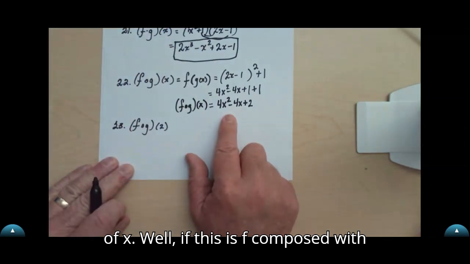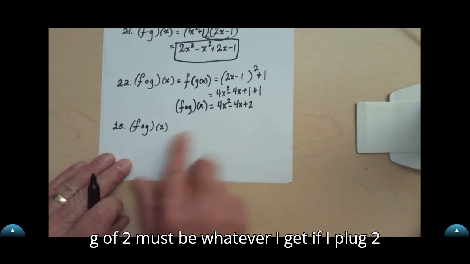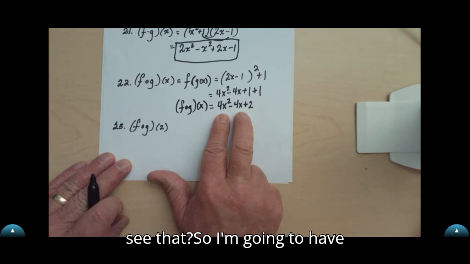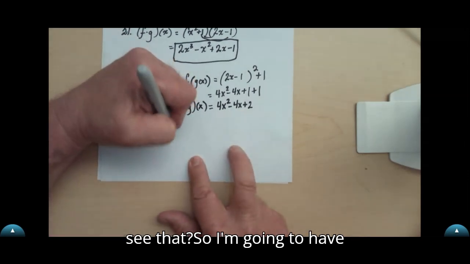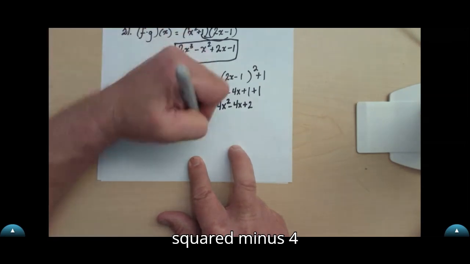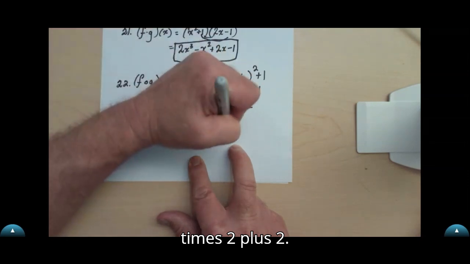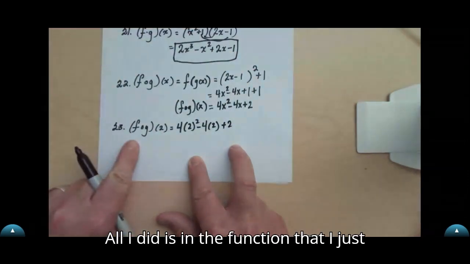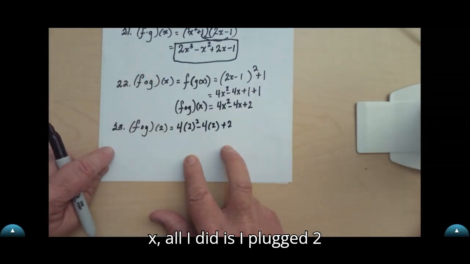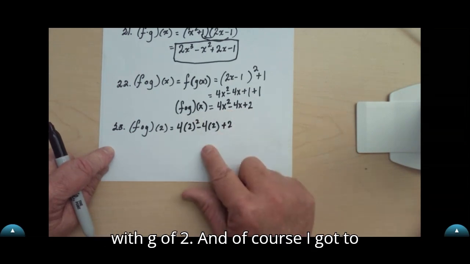Well, if this is f composed with g of x, do you agree that f composed with g of 2 must be whatever I get if I plug 2 into this thing in place of x? So I'm going to have 4 times 2 squared minus 4 times 2 plus 2. All I did is plug 2 into the function that I just found in problem 22 to find f composed with g of 2.